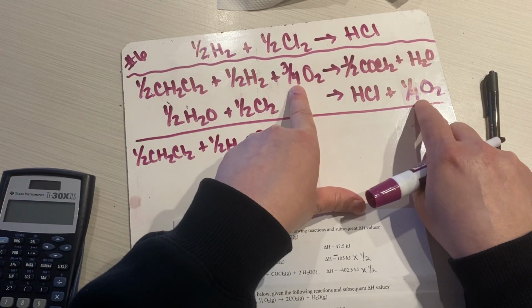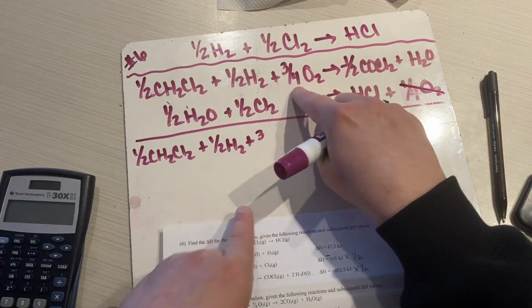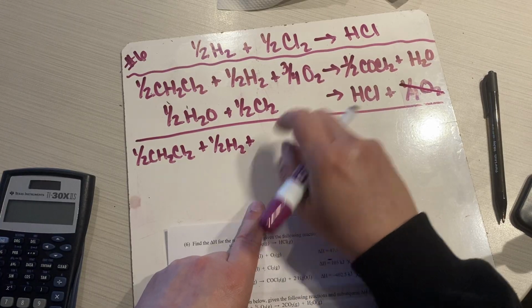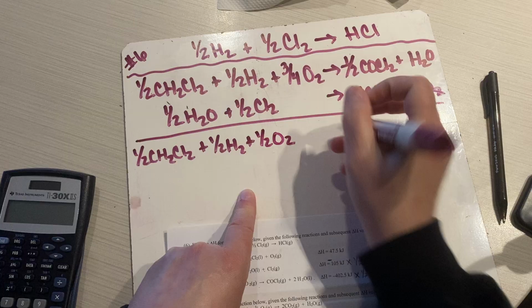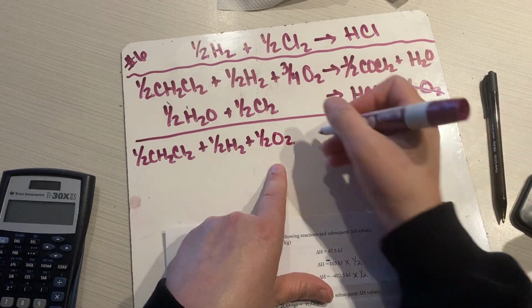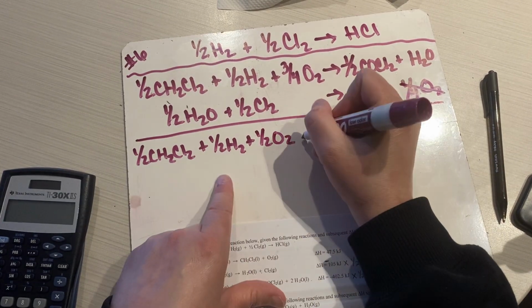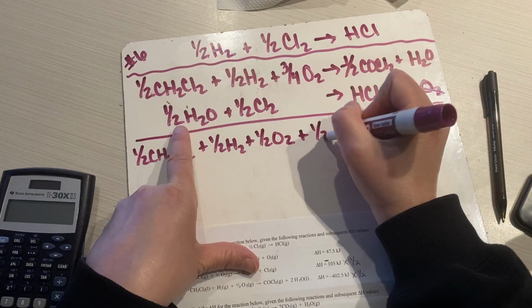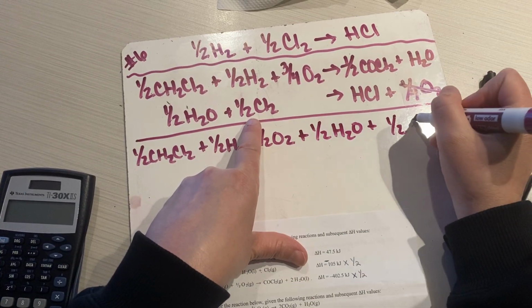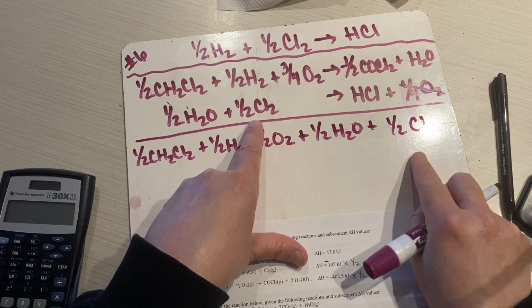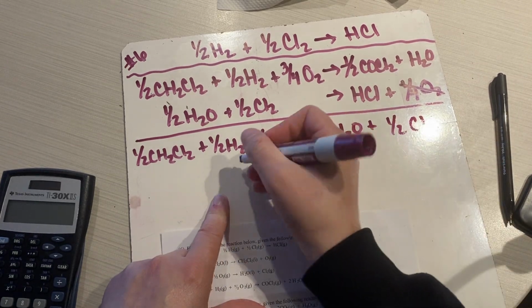We need to subtract off this 1/4. So we're going to have 2/4, which we can also write as half O2. Okay. And then plus half H2O plus half Cl2. Okay, and then we're going to have our arrow.